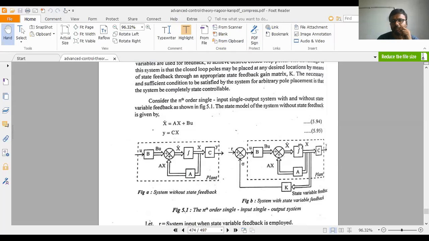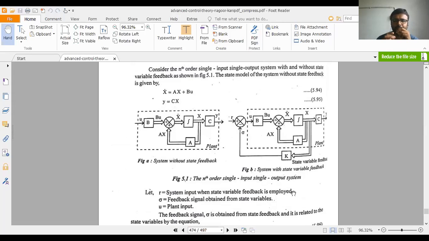And this particular block diagram represents a controllable system with state variable feedback. This integral part is going to be taken as z power minus 1. So the first block represents a controllable system without state feedback, and this block diagram represents a controllable system with state variable feedback.